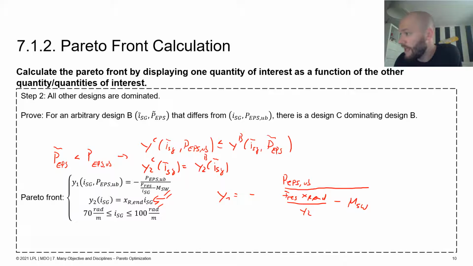So, having done that, we have now an expression that only depends on the first and the second quantity, because this is now not a design variable anymore. This is the upper bound of our power, and so it only depends on y1 and y2. And what we also have is a limitation of our Pareto front, which is between 6.3 and 9.